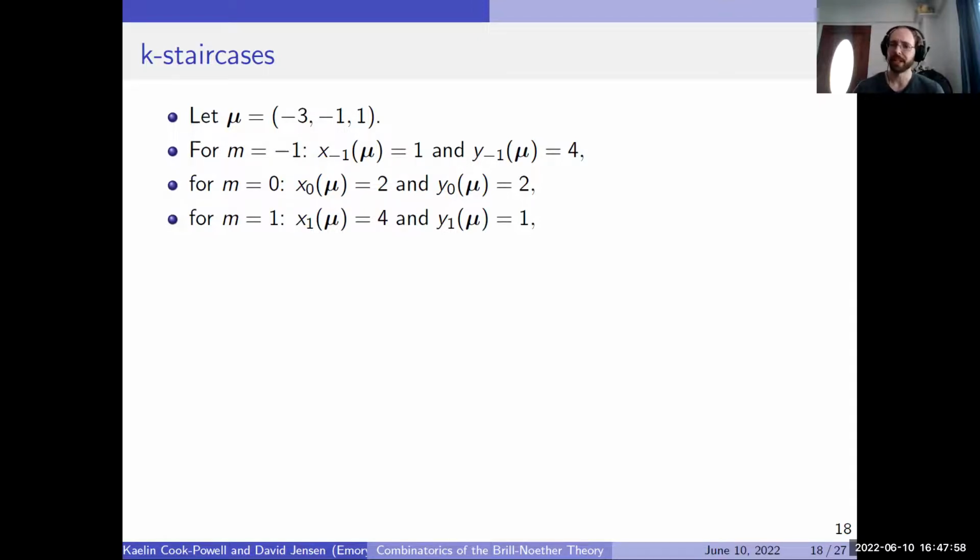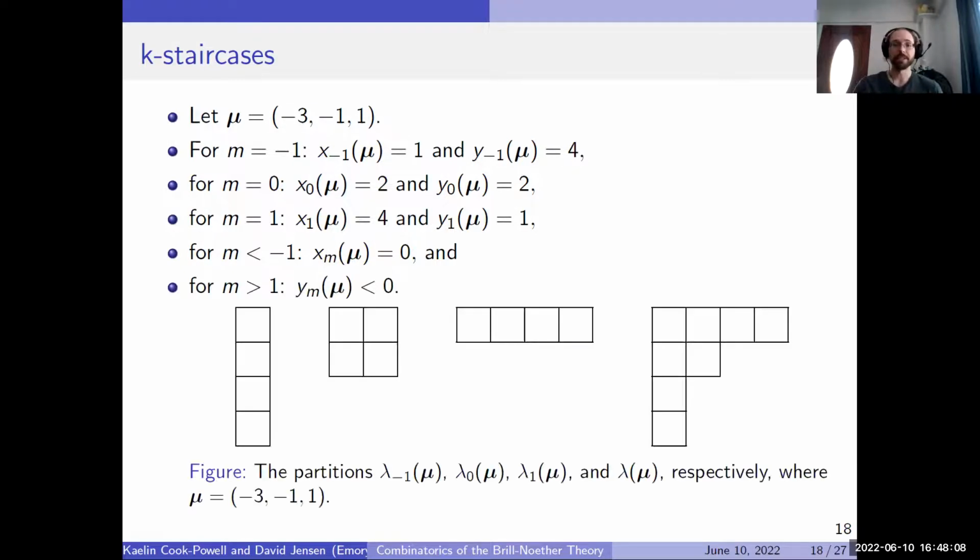Any other values will get either 0 for xm or 0 for ym. For m smaller than -1, we get 0, and for m greater than 1, we get 0.